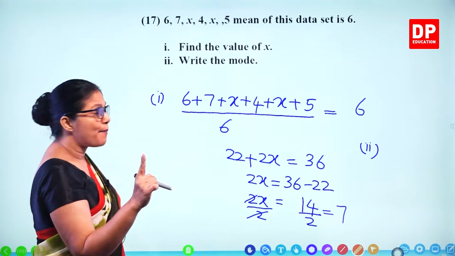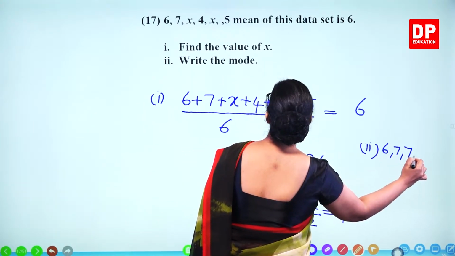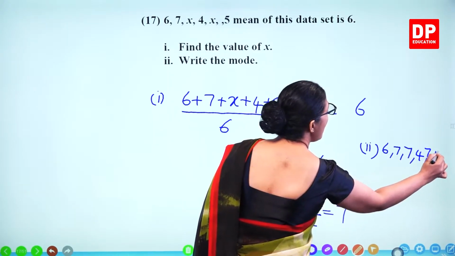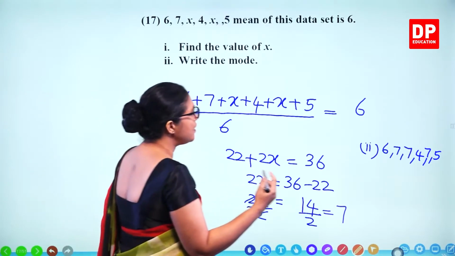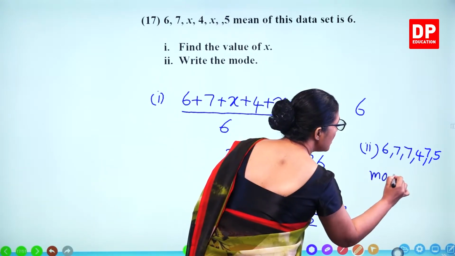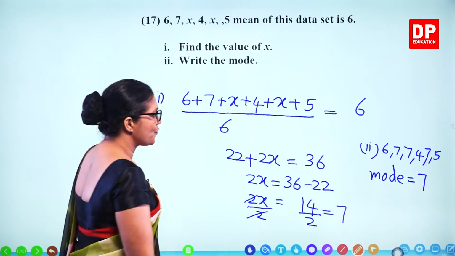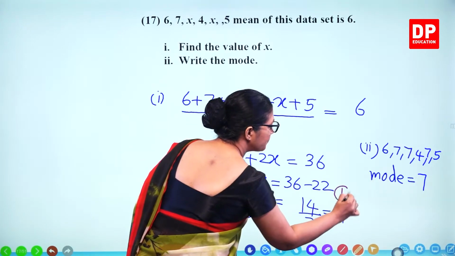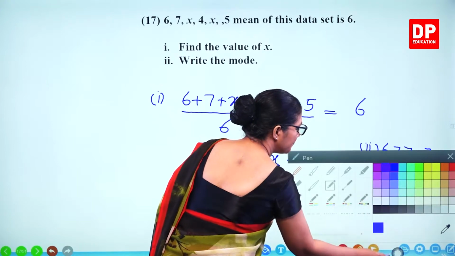So write down the numbers that you got: 6, 7, 4, 7, 5. 7 appears 3 times. The most frequent number is called the mode. Mode is equal to 7. So 2 marks, 1 mark for the first part and 1 mark for the second part.